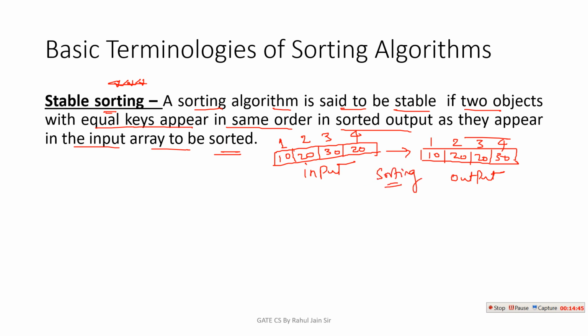So you will observe that 10 is no problem, but 20 appears two times here. Whenever equal keys are there, like this 20 and this 20, the element 20 which is at index 2 should appear first, and the element 20 with index 4 should appear after it. If the 20 with index number 4 appears before that, you will call it an instability.